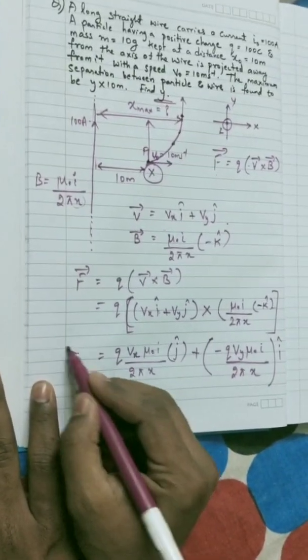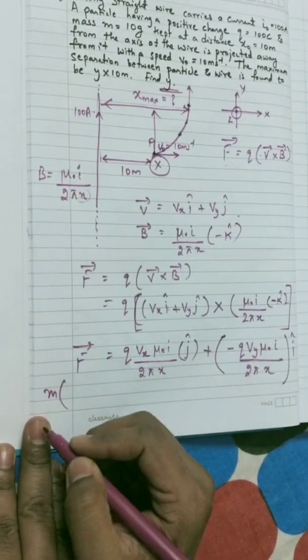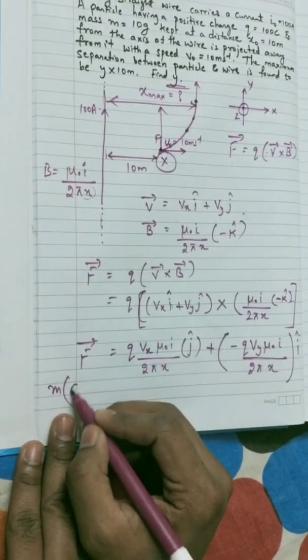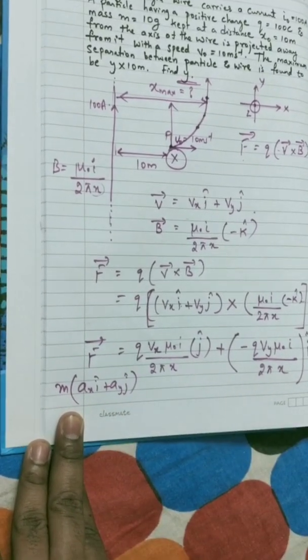This is equal to the force. Now force can be written as mass into acceleration. Acceleration can be written as ax i cap plus ay j cap.